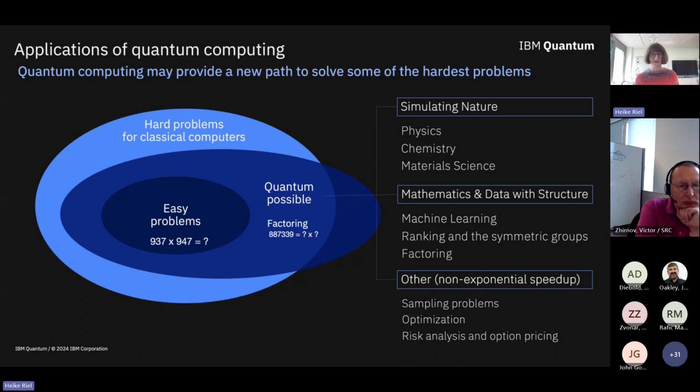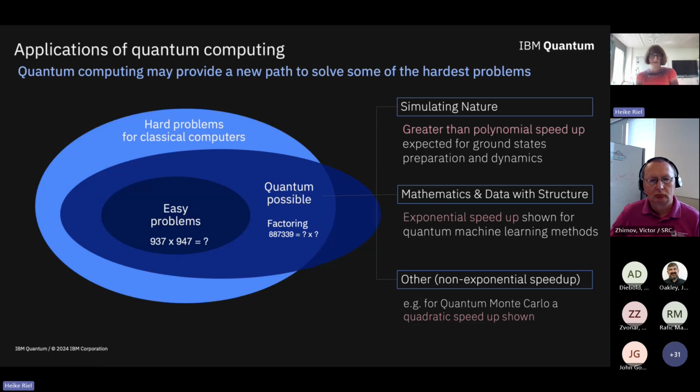Therefore, physics, chemistry, material science, there are many examples where quantum computers provide an advantage. Mathematics and data with structure, like machine learning, ranking in the semantic groups, factorization. And there are also other problems, like optimization problems, sampling problems, risk analysis and option pricing, where quantum computers can also provide a speed up.